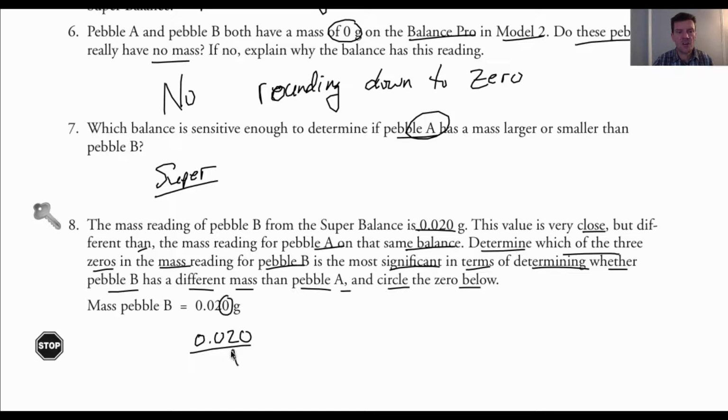It's not 0.017 rounded up to 0.02. No, it is exactly 0.020. So you need that last 0 to make sure that you have the distinction between the two masses of the two rocks. And that can happen when you have a precise enough instrument, as you do with the superbalance.